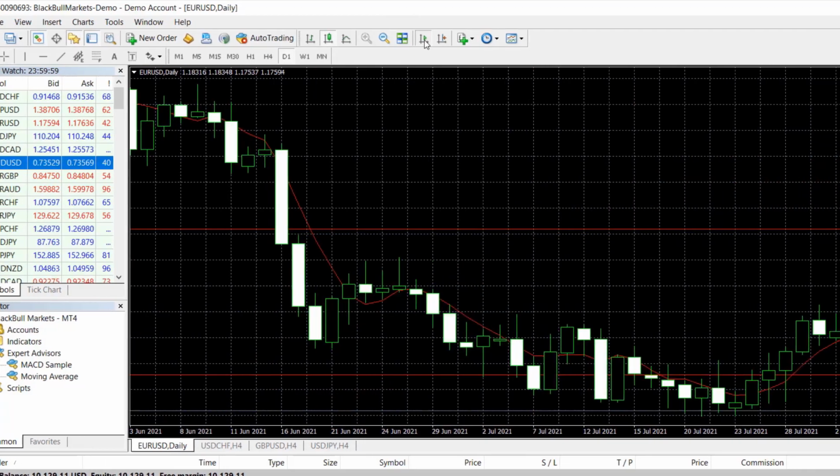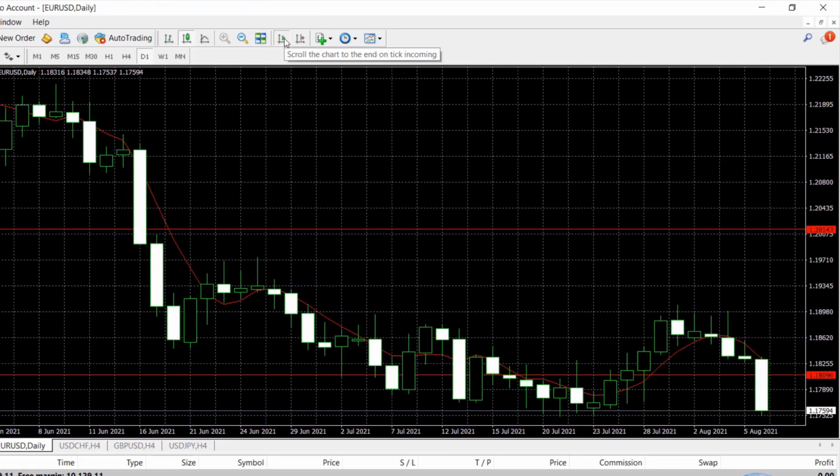So if I go to the end of the chart by pressing this button on the top which says scroll the chart to the end, you will see that the price is not moving simply because it is Saturday. I'm recording this video on Saturday. I usually take my time during the weekends to record as many videos as I possibly can when I'm not trading.